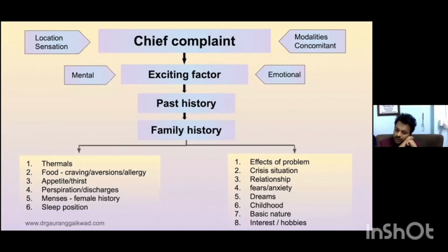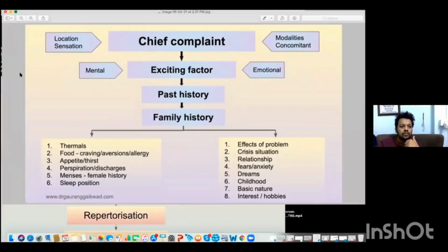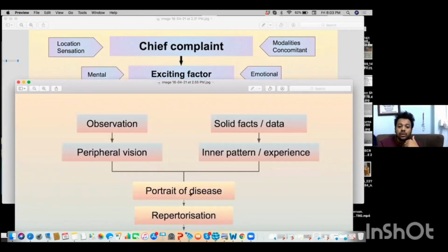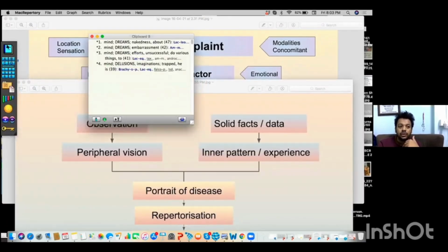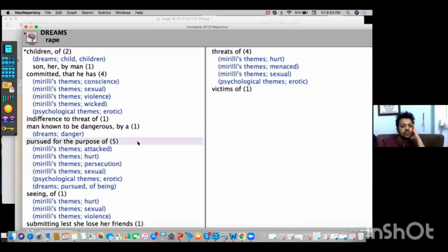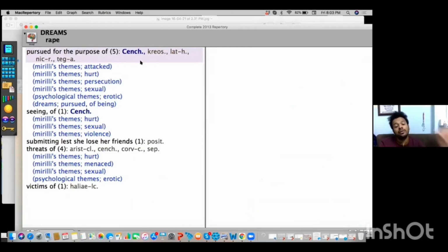And even in the dreams in childhood, there used to be this feeling that someone will come and molest me or rape me, or I'm trying to run. This can be important patterns. I told you. One of the very important remedies that I've seen with this kind of history of domination, sexual predation, is the remedy Cenchris contortrix.